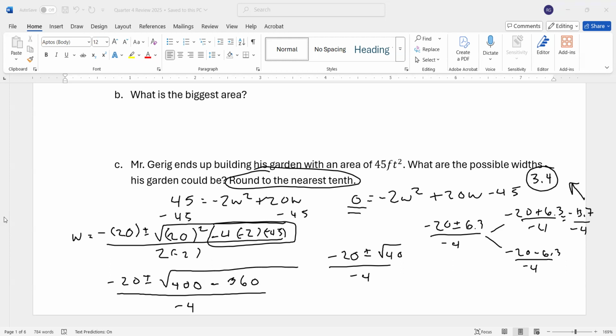And then negative 20 minus 6.3 is negative 26.3 divided by negative 4. 6.57, so 6.6. So the two widths would be 6.6 feet or 3.4 feet. I could have two potential widths here based on that quadratic.